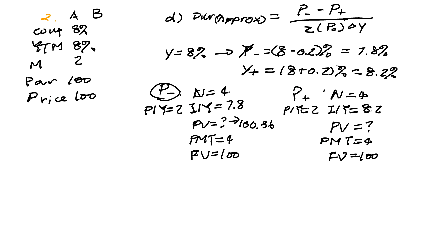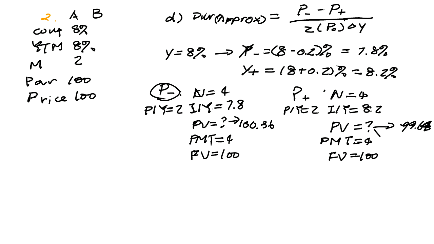Okay, so let's put that in, and 8.2 is the only thing I need to change. Compute present value, we got 99.63. Well, let me round it to 99.64 because the next digit is 8.